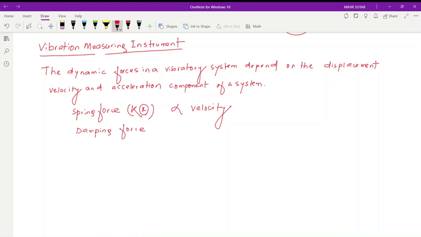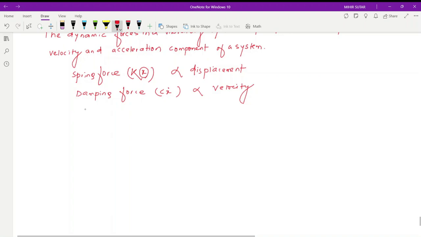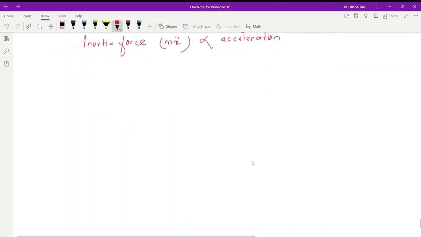The damping force, which we describe as Cx dot, is proportional to the velocity, and the inertia force, which we call mx double dot, is proportional to the acceleration.